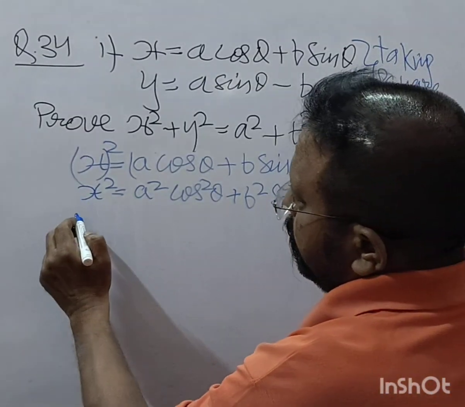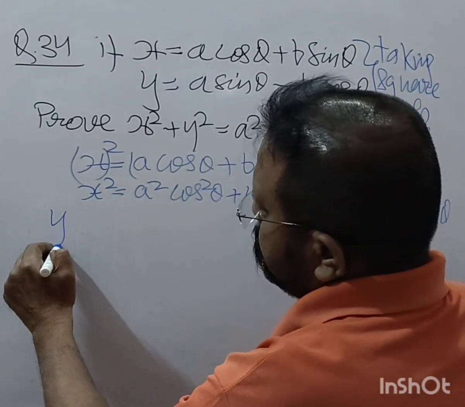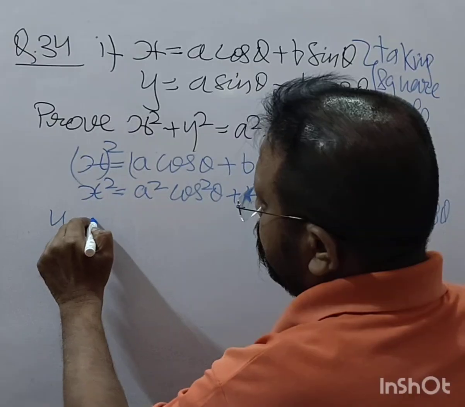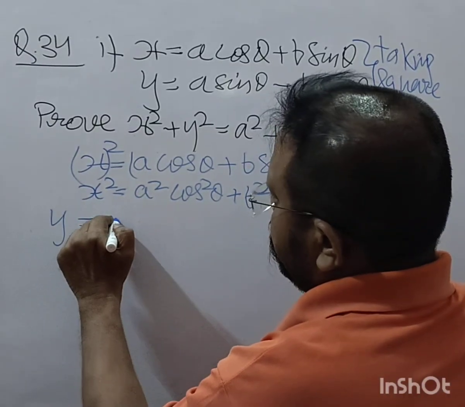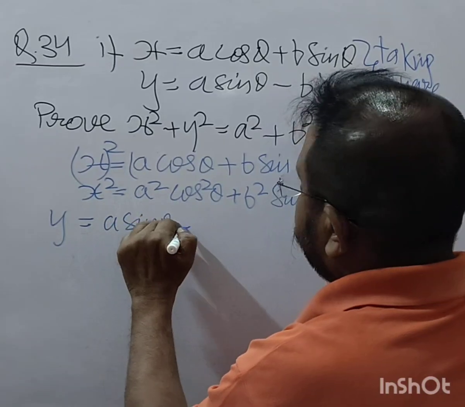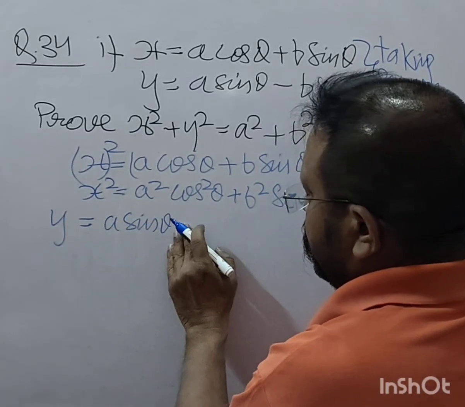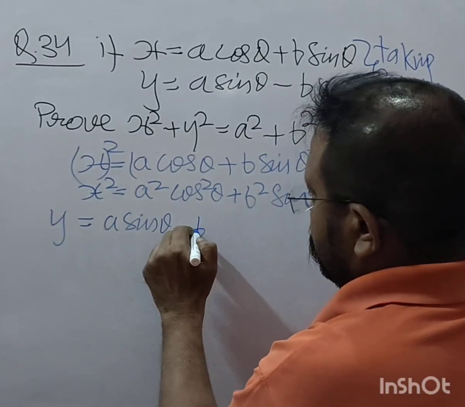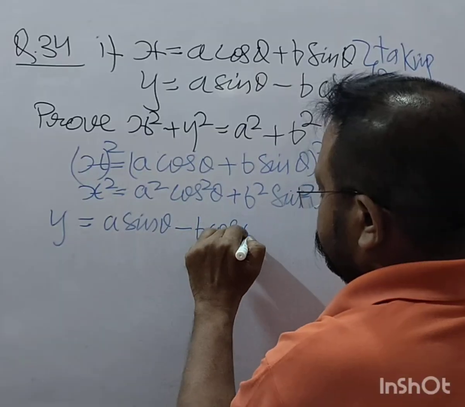Right? And if I take y square, y is equal to a sin theta minus b cos theta.